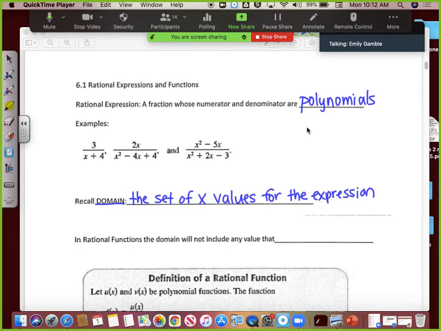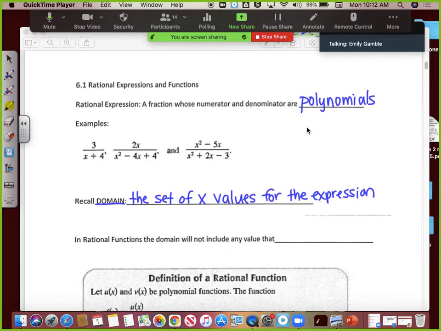Now, we looked at domain and range. The range is the set of y values for the expression or for the function. The domain is the x values for the expression or function. What's interesting about these particular functions is that not every single number in the domain is going to work.